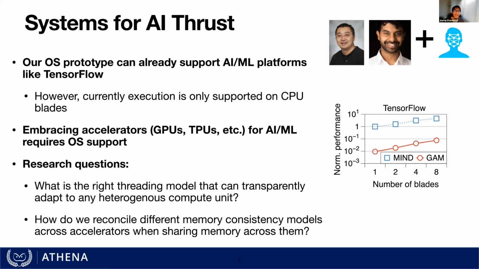And how do we reconcile different memory consistency models across accelerators when you're sharing memory across them? This is particularly challenging because each of the new accelerator technologies that come up is built with its own memory consistency model. So if you want to share state or memory across different accelerators and traditional compute units like CPUs, you have to reconcile the memory consistency models somehow so that the different entities can talk to each other without violating correctness properties.